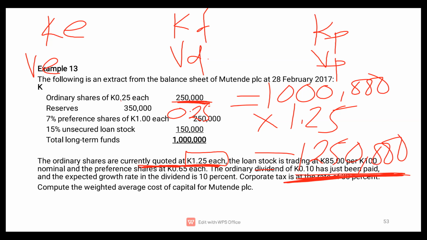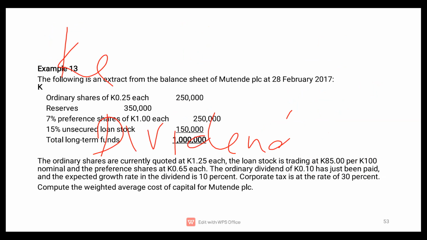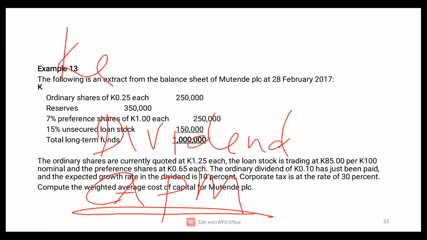Then we find the cost of equity. Which model can we use to find the cost of equity? We talked about two models: the dividend valuation model that I talked about last time, and the capital asset price model. Can we use the capital asset price model in this question?